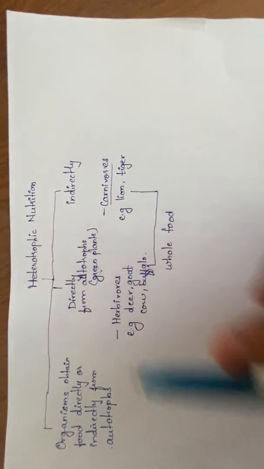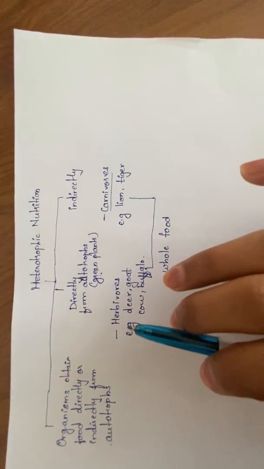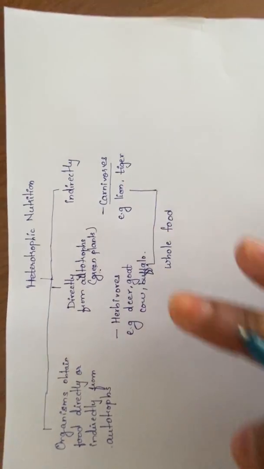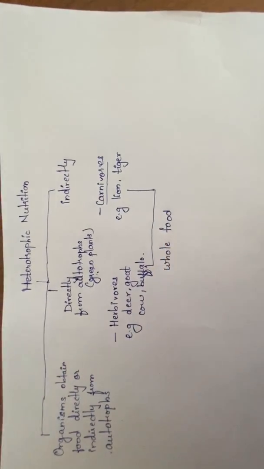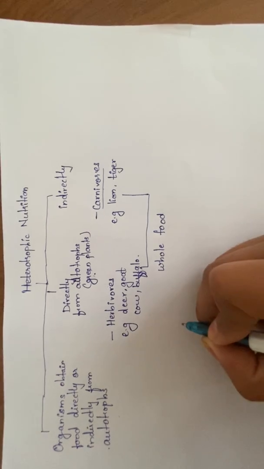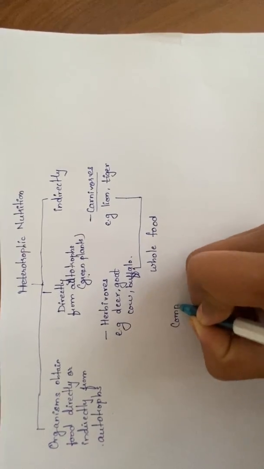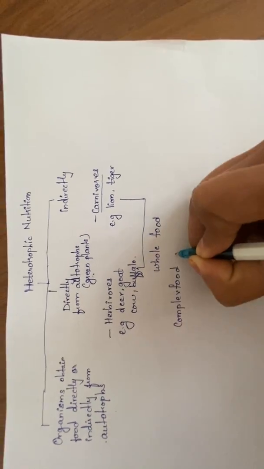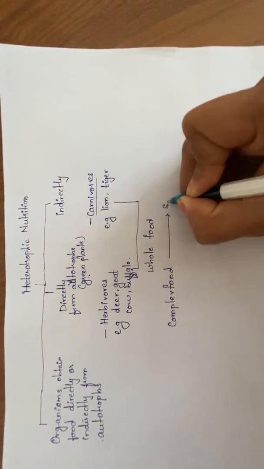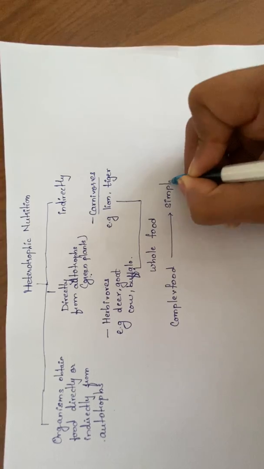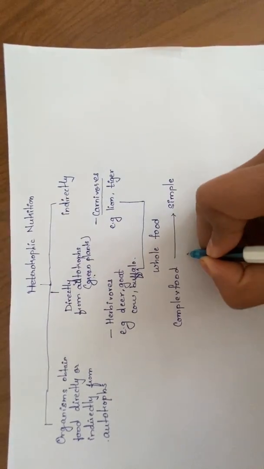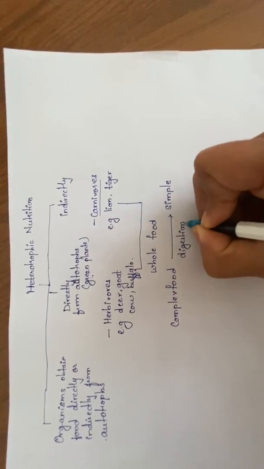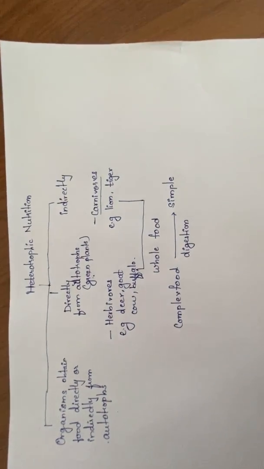Carnivores are eating animals. In both cases, these organisms are consuming whole food. They are not taking only nutrition, they are consuming the whole food. And then this complex food is broken into simple food, or nutrients are derived from the food, by the process of digestion inside the body of these organisms.